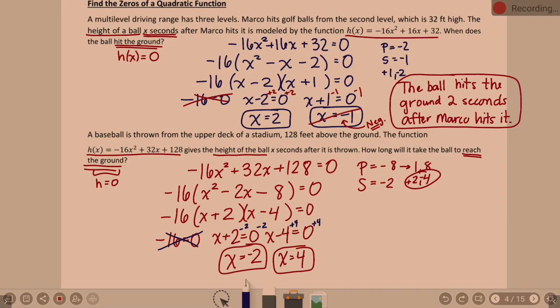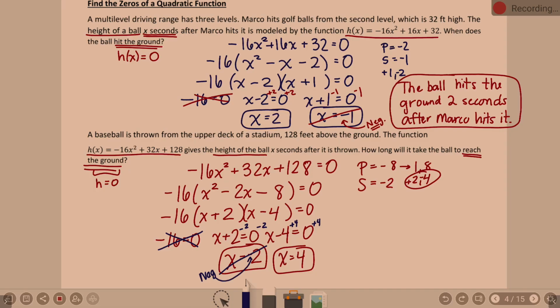How long will it take the ball to reach the ground? 4 seconds. What about the negative 2? We're not going to talk negative 2 seconds for the ball to reach the ground. We're not going to go back in time. So again, that one's a no-go because it is negative.